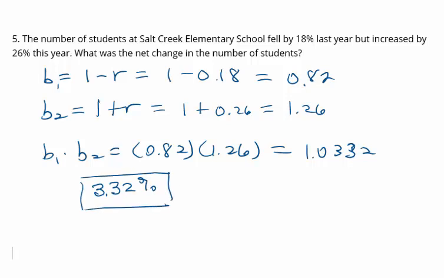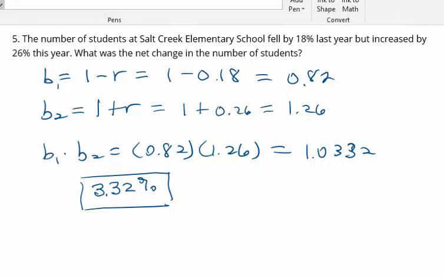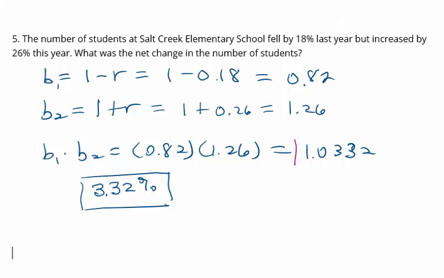And it's going to be growth because our new B, our overall growth factor after the second year, is 1.0332, which is bigger than 1.